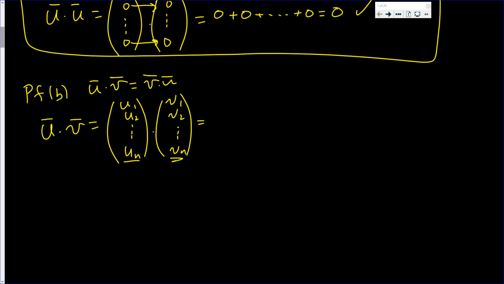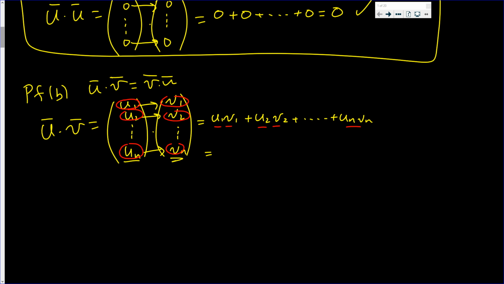Okay, well, dot product, you multiply. You get u1 v1, plus, you multiply, u2 v2, plus, and then eventually you multiply un vn. Now, remember, each of these are real numbers. There's n of them. You multiply two real numbers here. Over here you're multiplying two numbers. Over there you're multiplying two numbers.